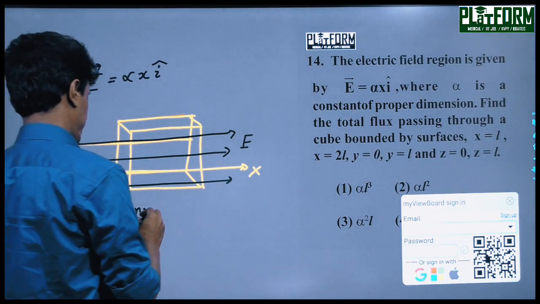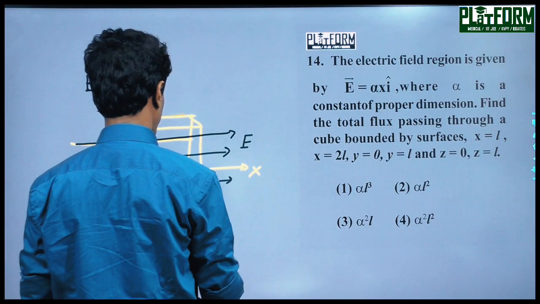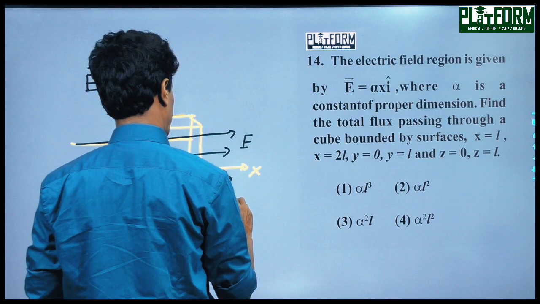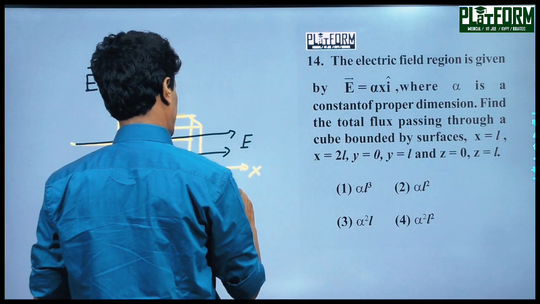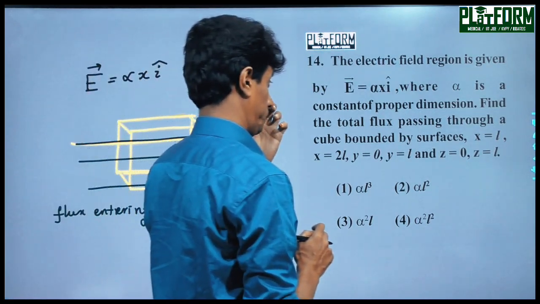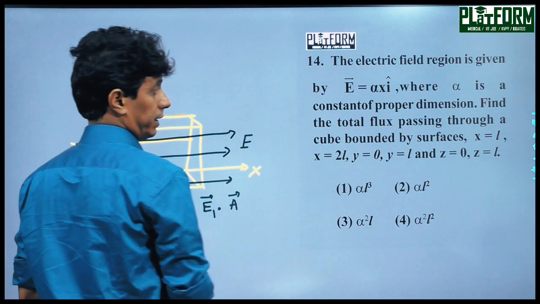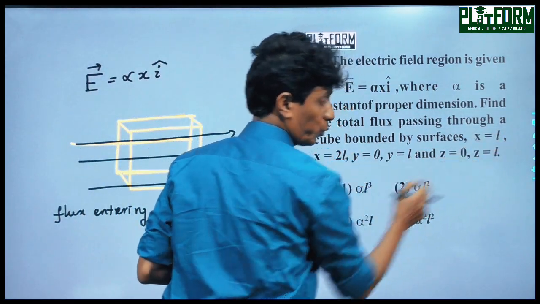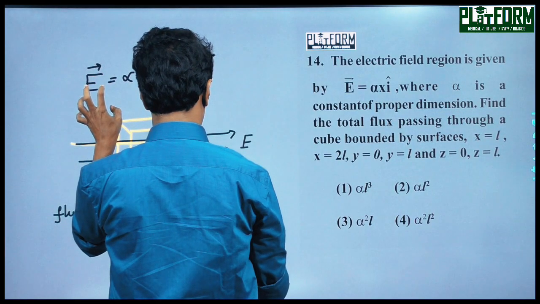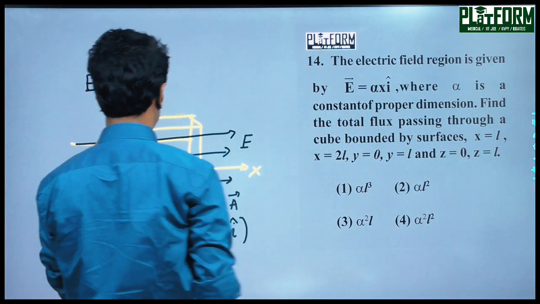So flux entering, phi1 is equal to E1 dot A vector. Here E1 is bounded at x is equal to L. So E1 vector is equal to alpha L I cap. It is the electric field.